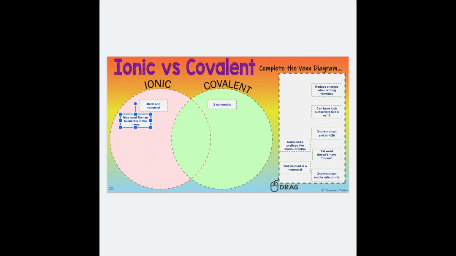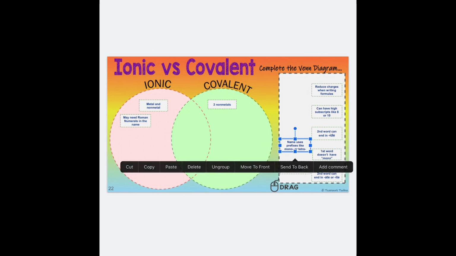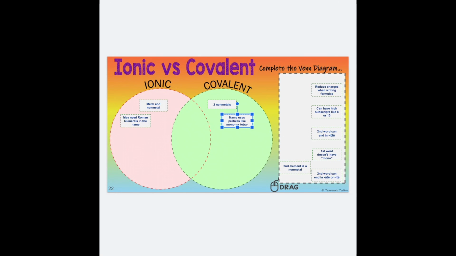Names use prefixes like mono or tetra, that is only for covalent. Second element is a nonmetal. Now, that could be both of them, because in ionic your second one is always a nonmetal, and in covalent the second one is always a nonmetal. So that's both. Reduce charges when writing formulas. That is only with ionic. You don't do that on covalent.